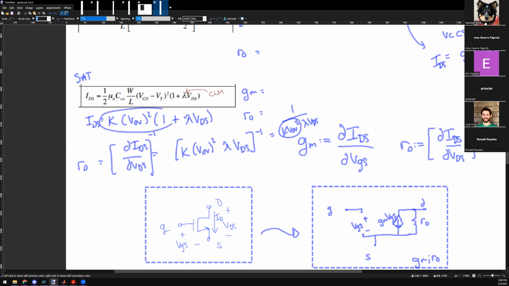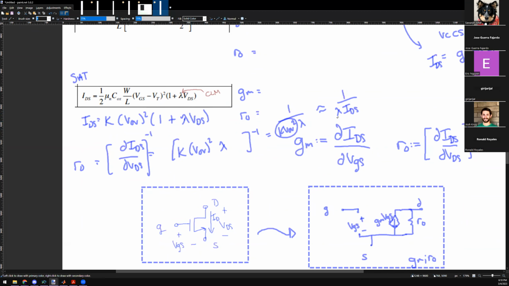So you have lambda IDS. There should not be a plus, my bad. You take the derivative, so only the lambda pops up. Do you see how you get the expression R naught equal to 1 over lambda IDS?